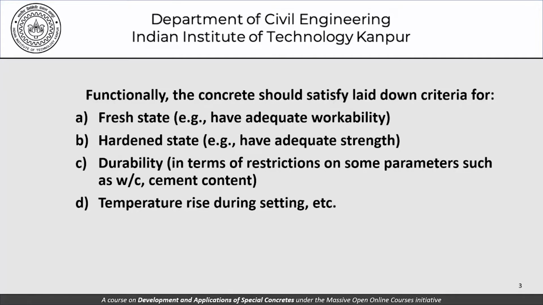Resuming our discussion from where we left off, let's recall, functionally the concrete should satisfy the laid down criteria for the fresh state, which could be in terms of workability or air content, setting time and so on. The hardened state should have adequate strength or whatever properties are required. There could be durability considerations in terms of parameters such as water cement ratio, cement content, temperature rise during setting and so on.